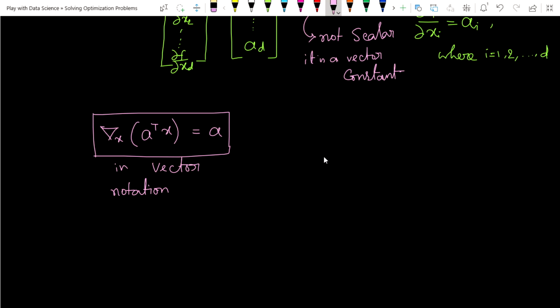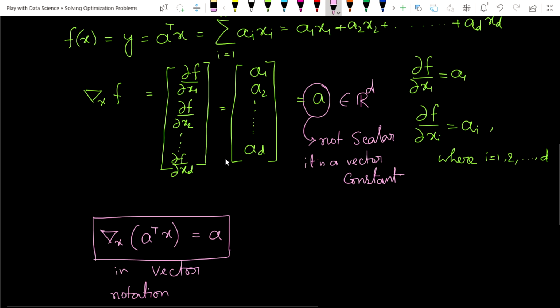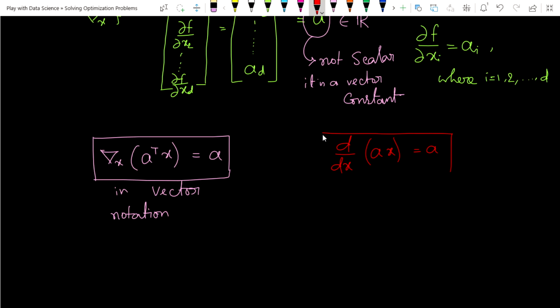Similarly, if we think of this concept scalarly, d by dx of a_j x, where a_j is also a scalar, then the answer will be simply A. So vector calculus and scalar calculus both give the same answer.